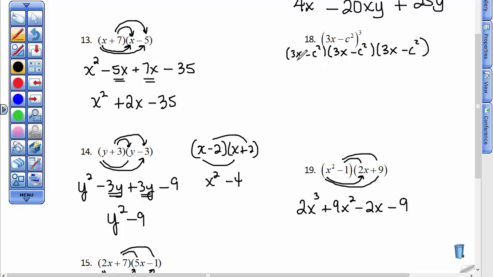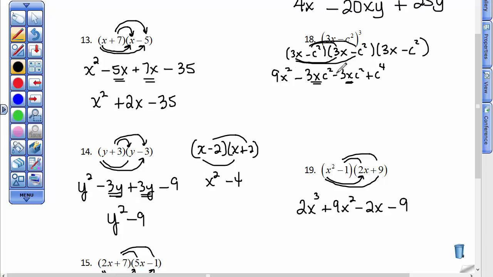So let's FOIL that. So 3x times 3x is 9x squared, and then 3x times a minus c squared is a minus 3x c squared. Here's another minus 3x c squared, and then finally the last terms. A minus times a minus is a positive, and it's c to the 4th power. These two terms are like terms, so I have to collect them. There'll be a minus 6 of those.